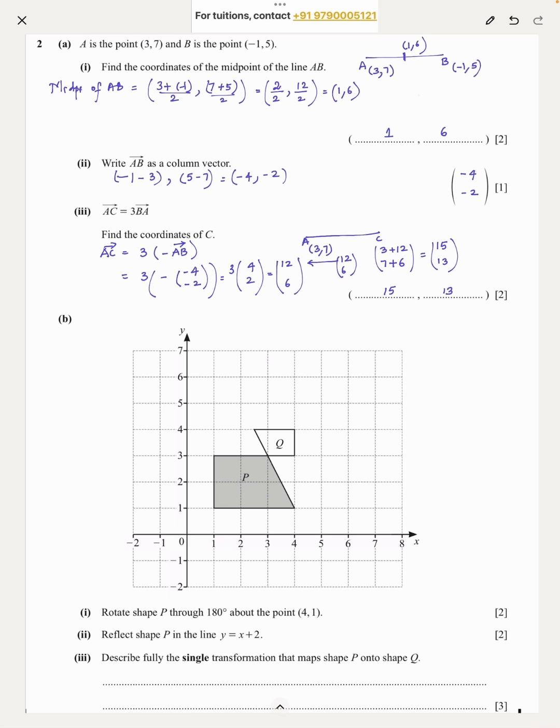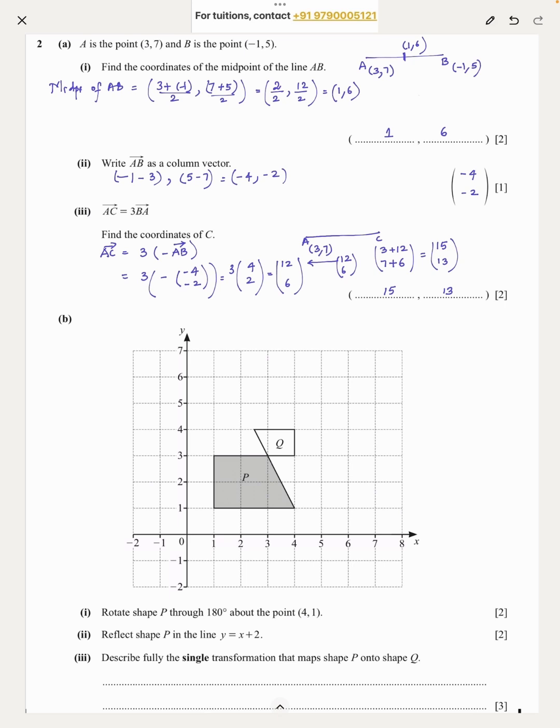Q is looking similar to P. So before starting to answer a question, observe the diagram clearly so that you will get an idea of what's there in the graph. I see P, I see Q. Q looks like a similar one of P, but it is small in size.